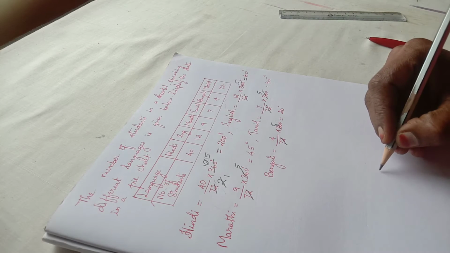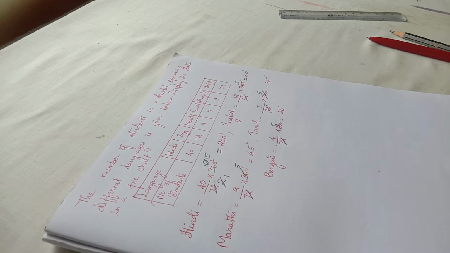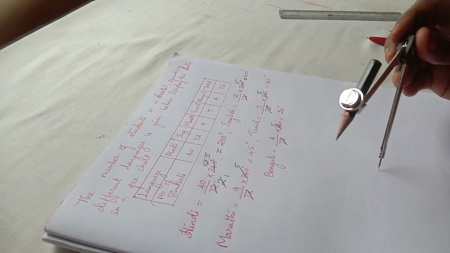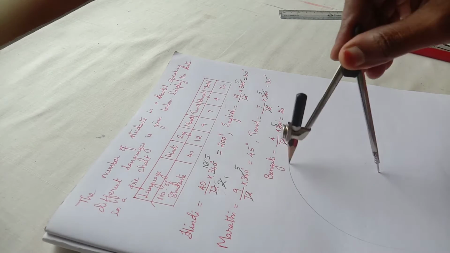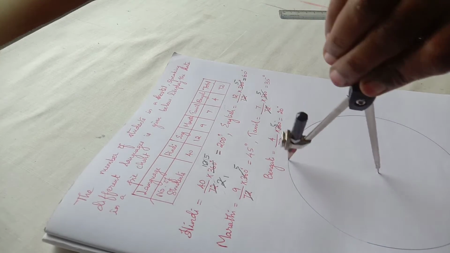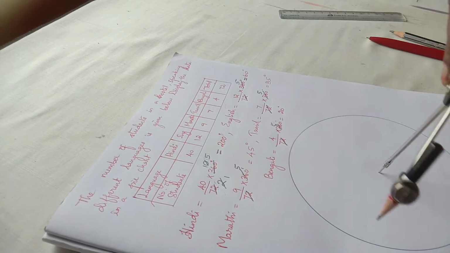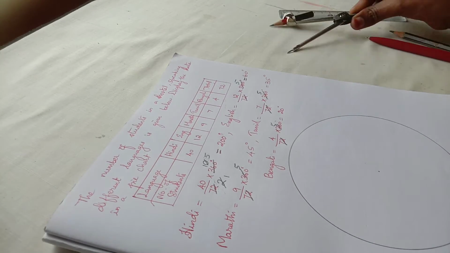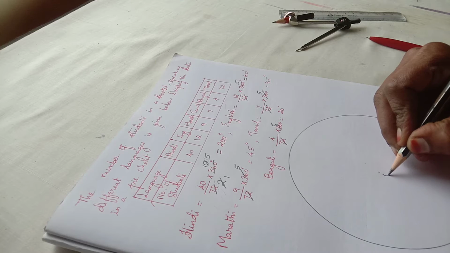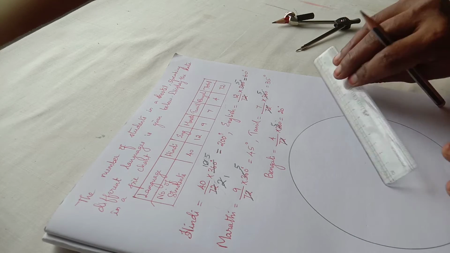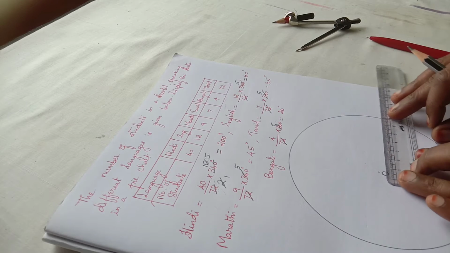So let me keep the center of the circle and with a convenient radius. You can take any radius in your compass and draw a circle. Okay, let's name the center as O. Draw any radius. In the previous question I drew it here.